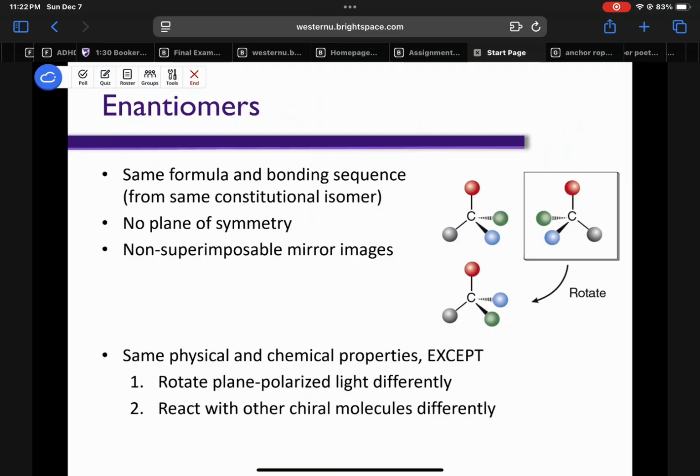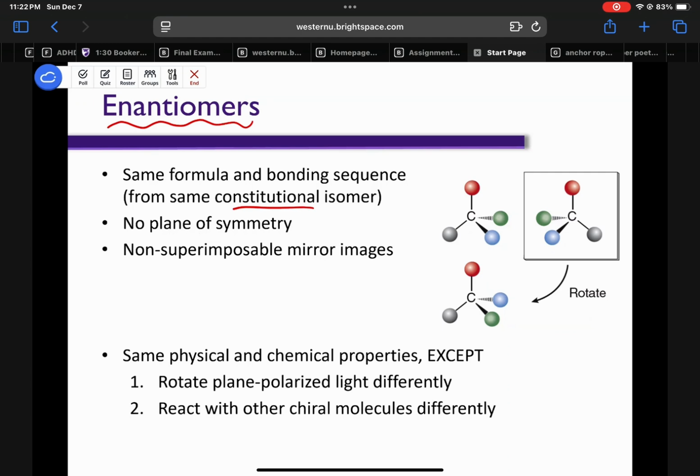These two molecules that we have built, non-superimposable mirror images, we can see they have the same molecular formula. They each have one green ball, one blue, one red, one hydrogen or black prong. These non-superimposable mirror images are called enantiomers. They're built from the same atoms, so they're isomers.